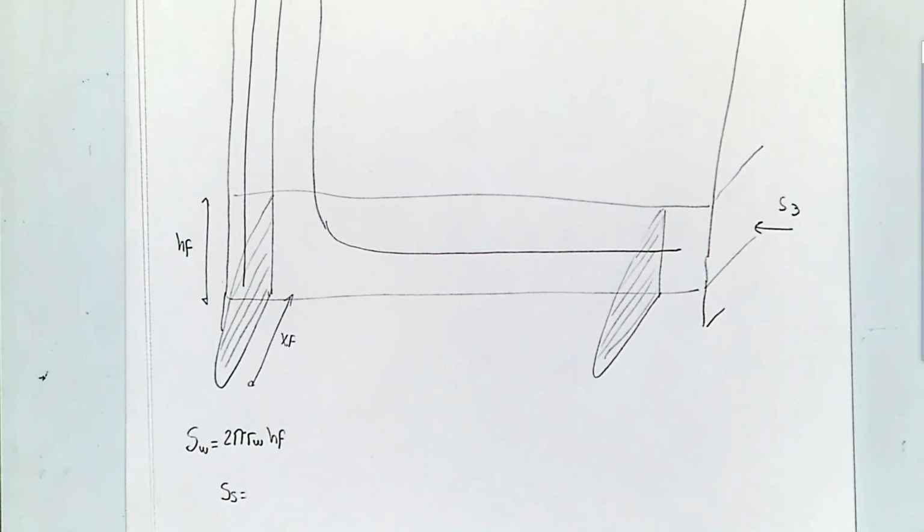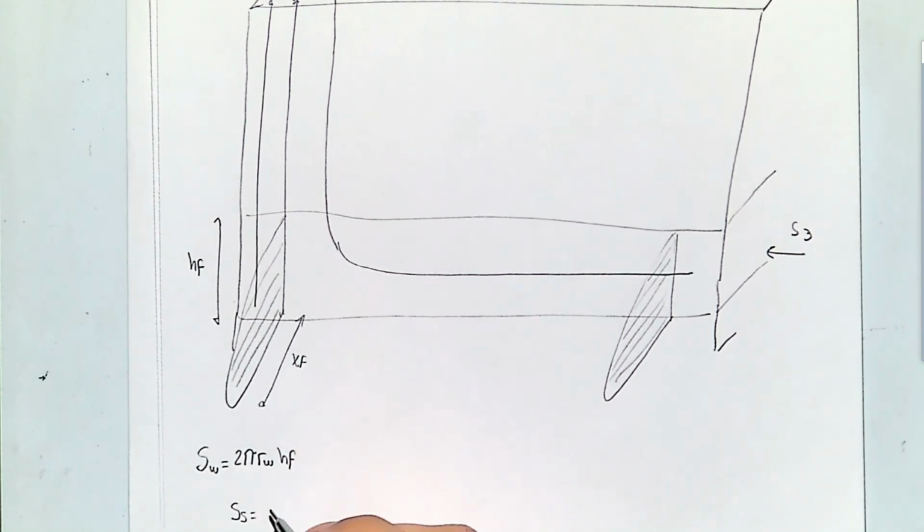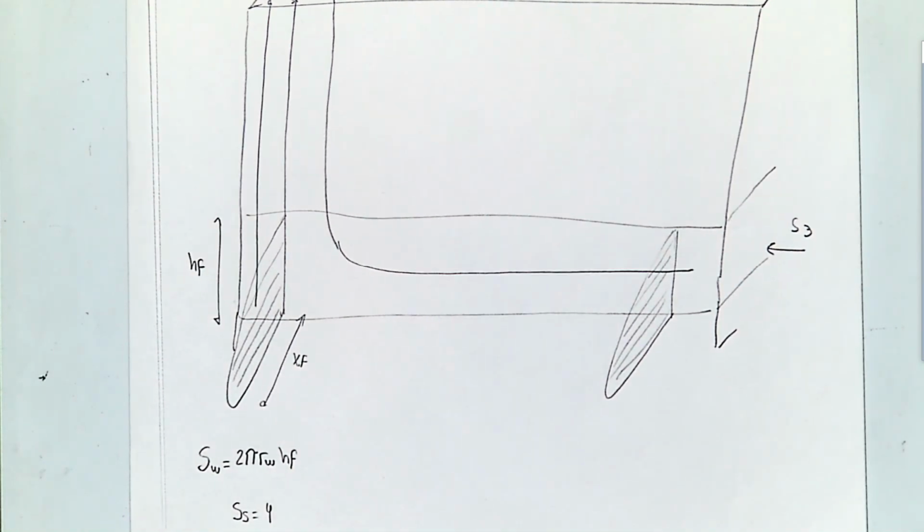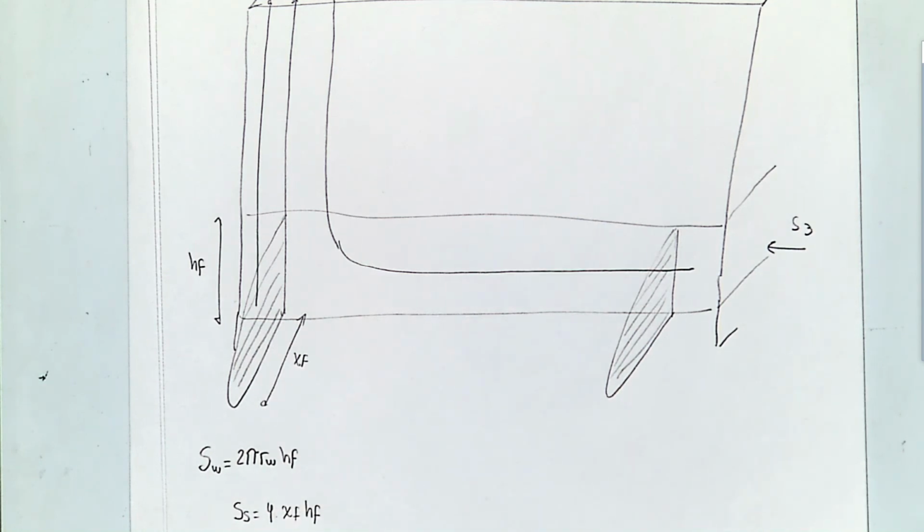I'm drawing here just one wing, but that is going to be then 4 times the length of the half wing times the height of the fracture. No, that's it.